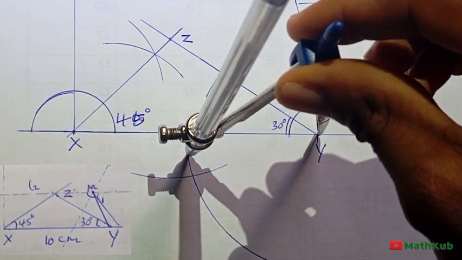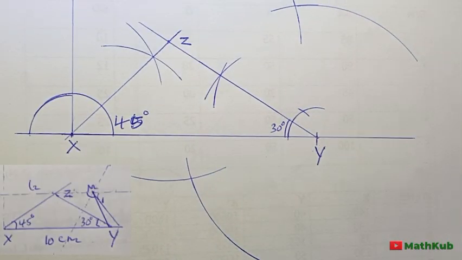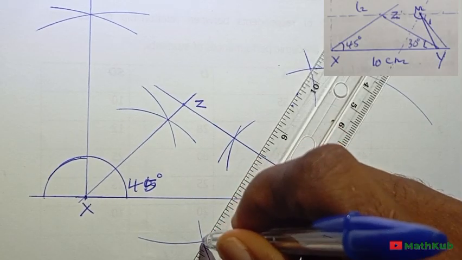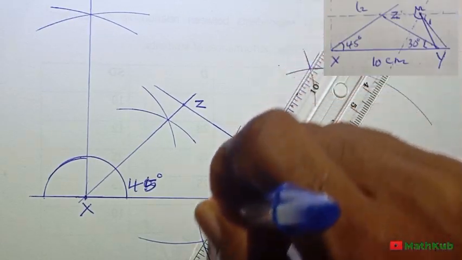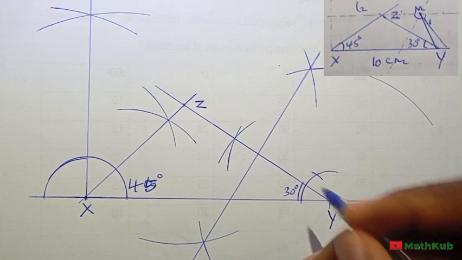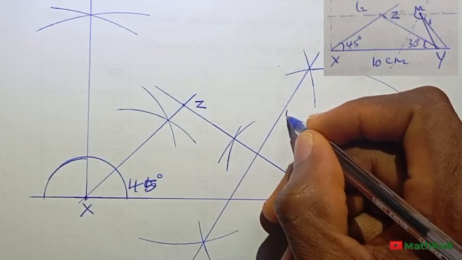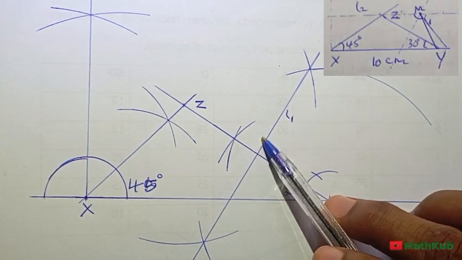With the same radius, you cut this, you cut this. Join the 2 points. So now this is what? This line is L1.